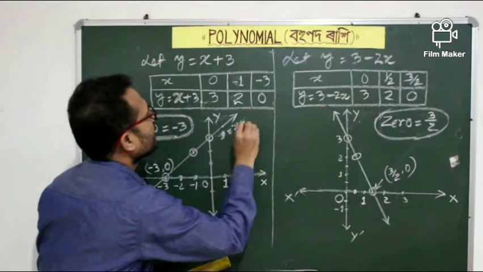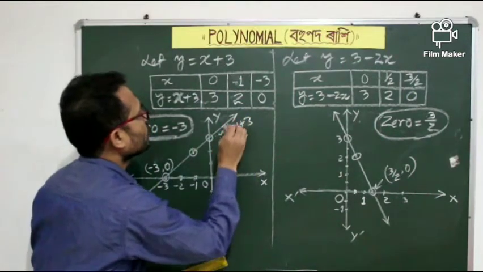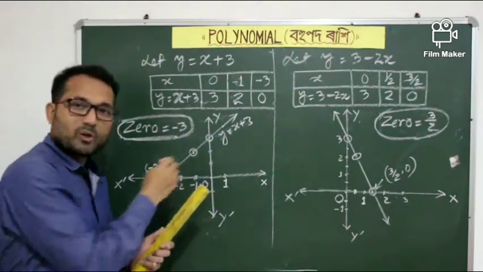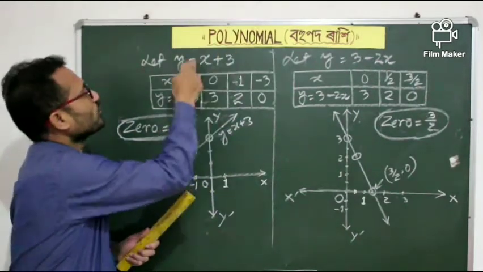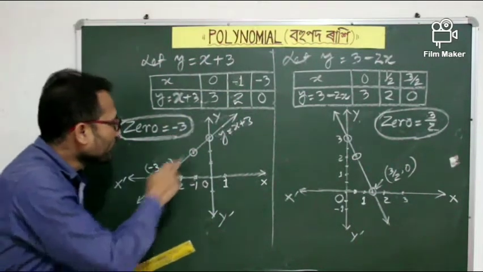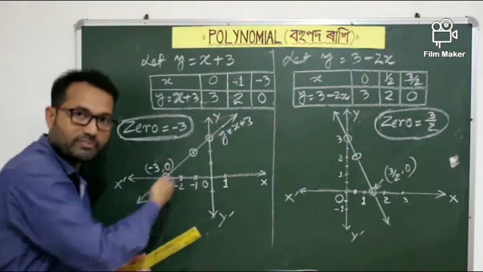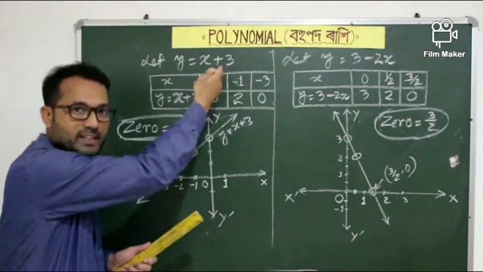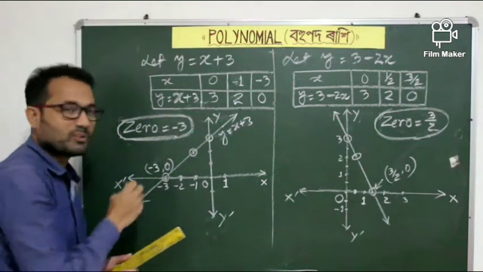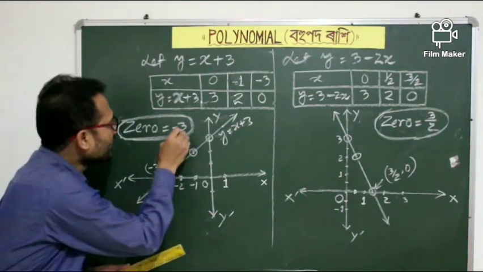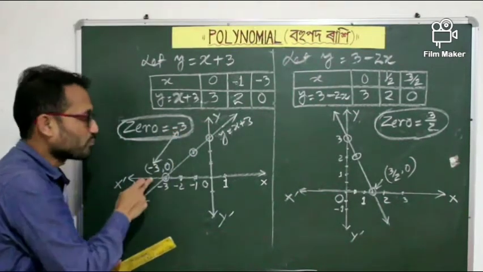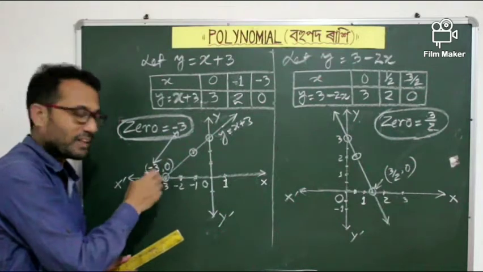This is the graph of the first polynomial x plus 3. ইয়াতে আমি লক্ষ্য কৰো, the zero of this polynomial x plus 3 is -3, and the point of intersection of the graph represented by that polynomial with x-axis is (-3,0). See, the interesting thing here, this is the zero and this is the point of intersection. Okay, I'll come to this.